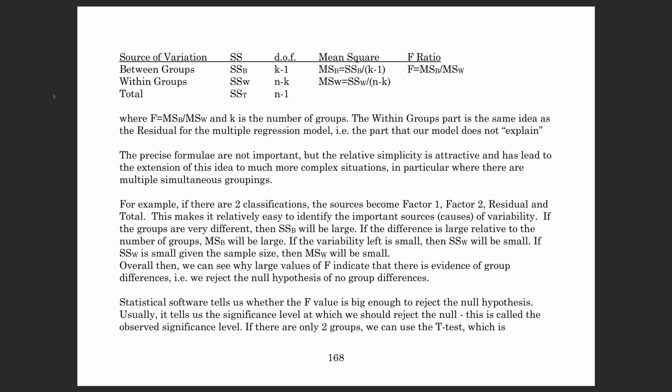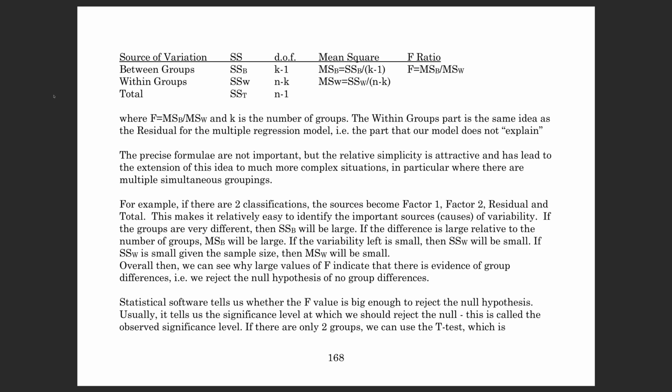As I've said, if the groups are very different, the SSB will be large, and hence the MSB will be large if that difference is large relative to the number of groups. And again, if the variability left is small, then SSW will be small, and if it's small given the sample size, then MSW will be small.